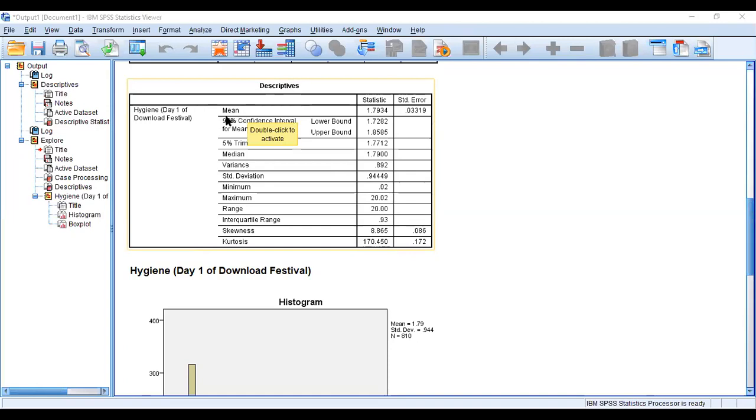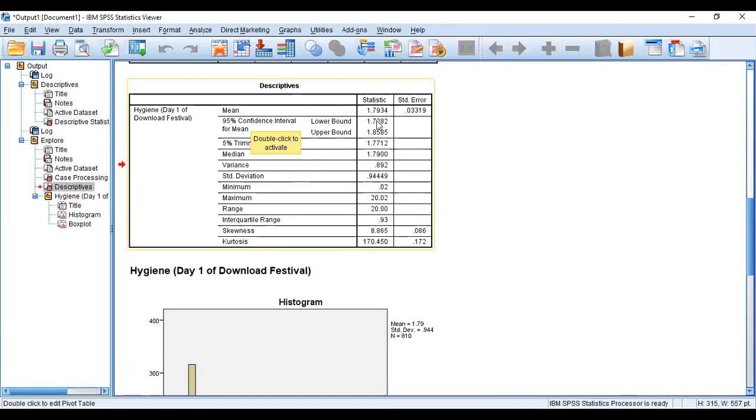One is mean. Mean means all the 810 respondents gave their responses, which were from 0 to 4, and the mean value is 1.79. It means they are not fully satisfied.